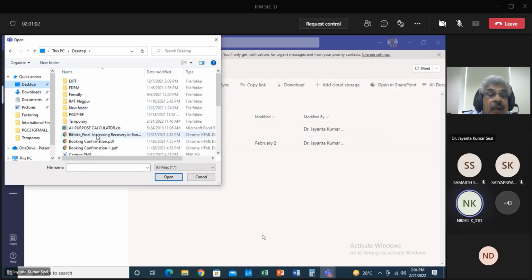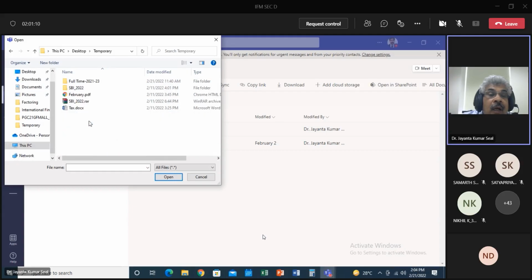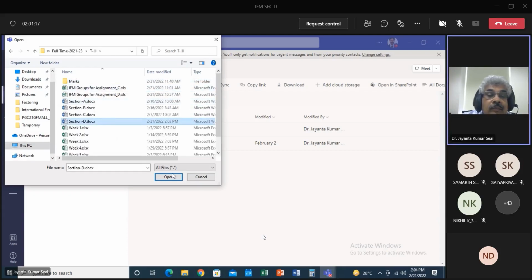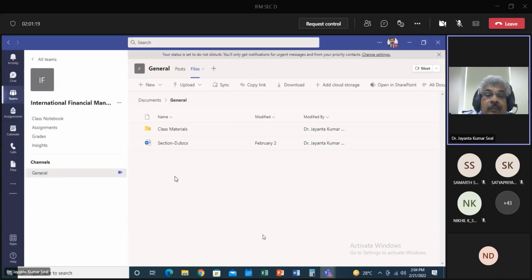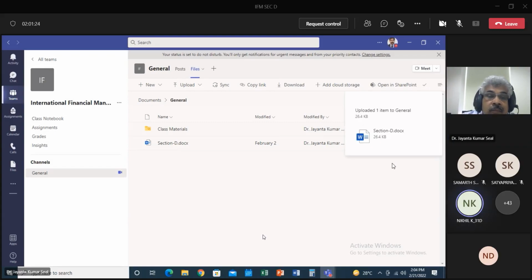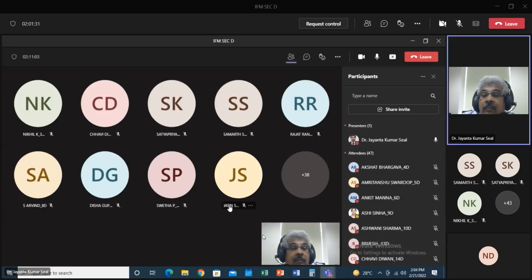Sir, can you please tell us the question paper pattern for the internal? It will be absolutely numerical based. Whatever we have done, it will be from that only. I have uploaded the worksheet.